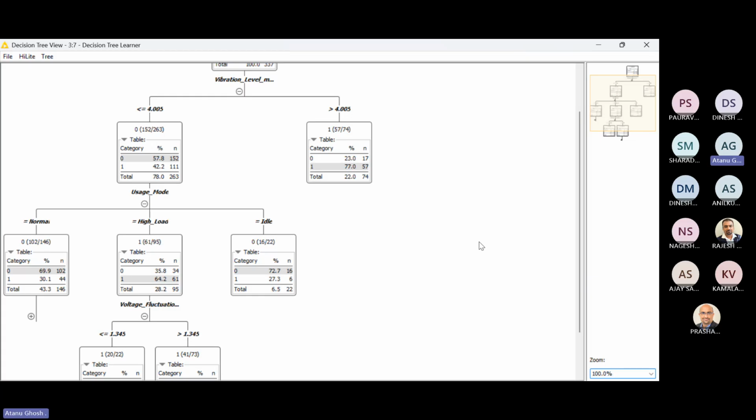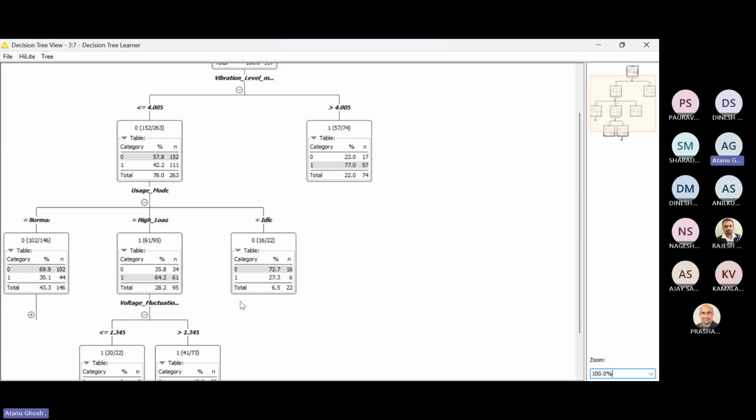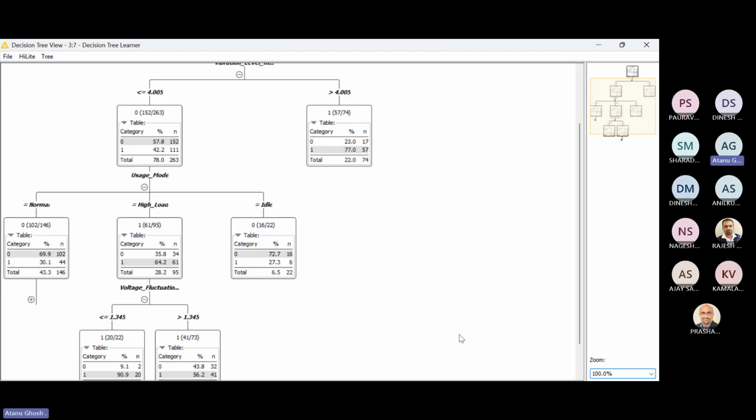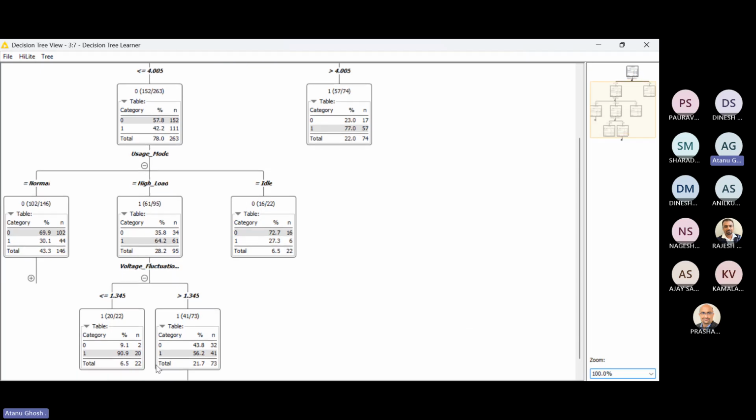You get me the highest level of confidence. Here I got 90%, I want to reach 100%. I should be able to predict whether the machine is going to fail or not fail. Either case, I want to get to a state where I will be able to predict with 100% confidence. In such a scenario, what is the minimum number of observations we'll get in the leaf node?